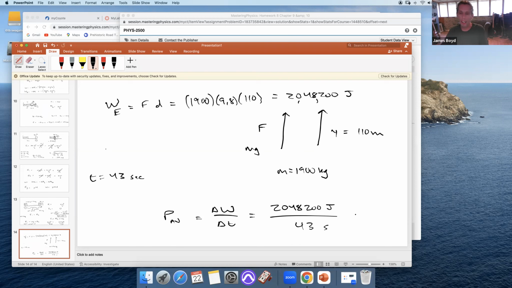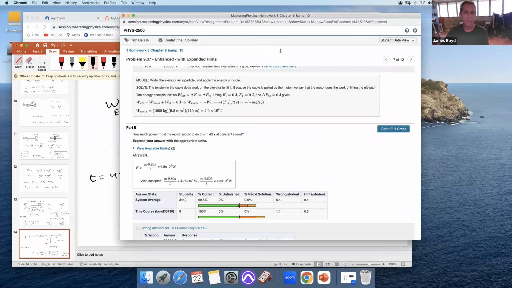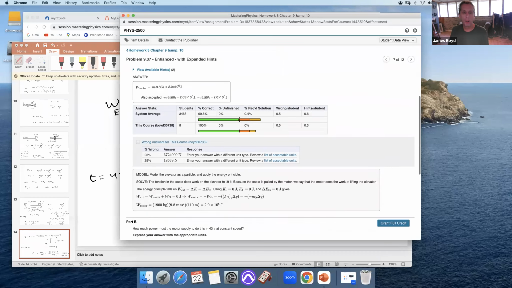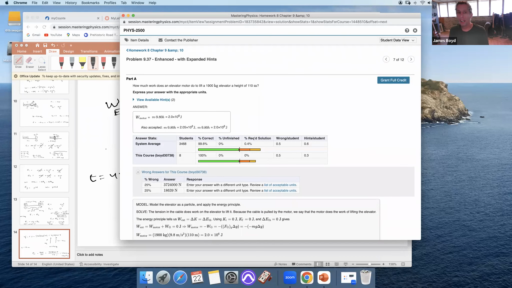I get 47,632.33 watts. If we want to change that, that's 4.8 times 10 to the 4th watts. And that's it. The work is mgh, and power is the work divided by time.